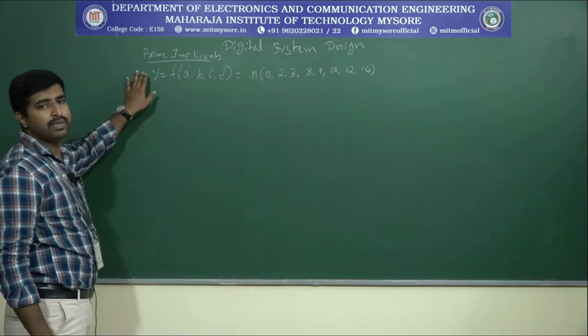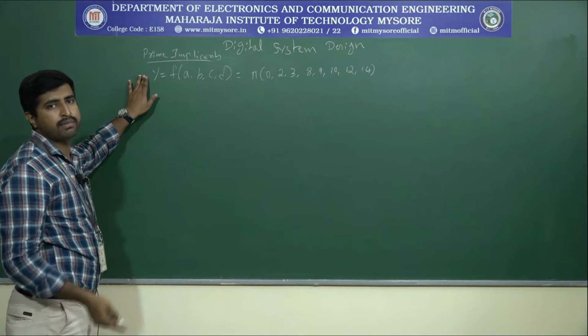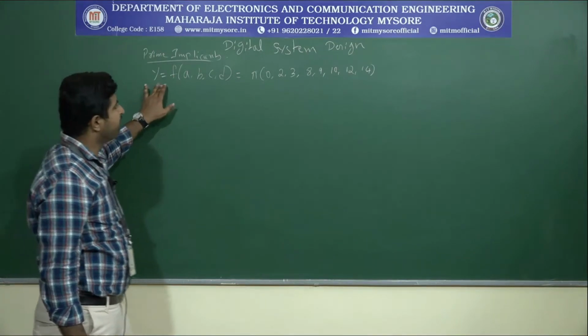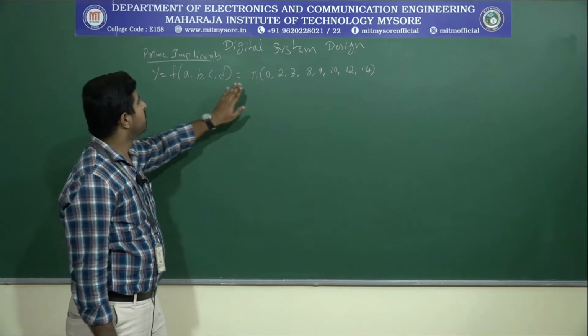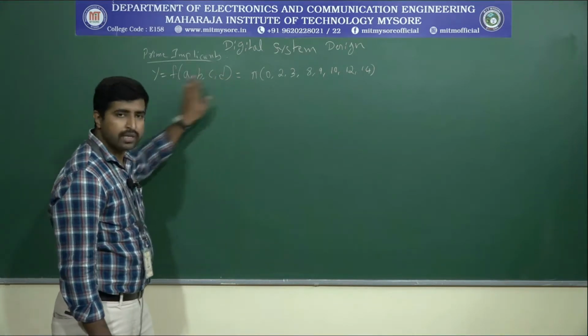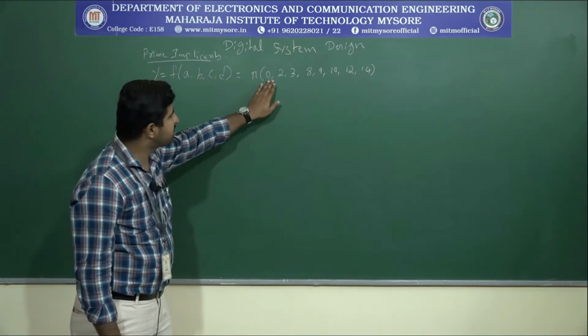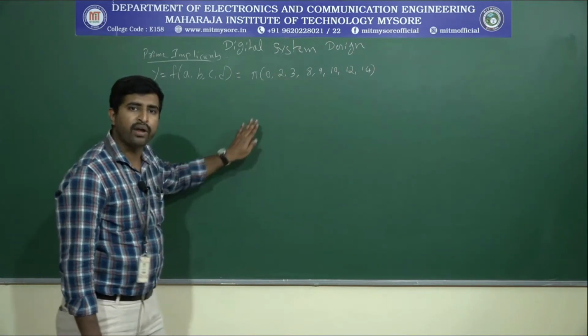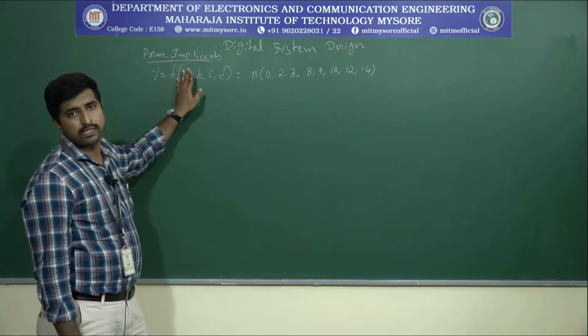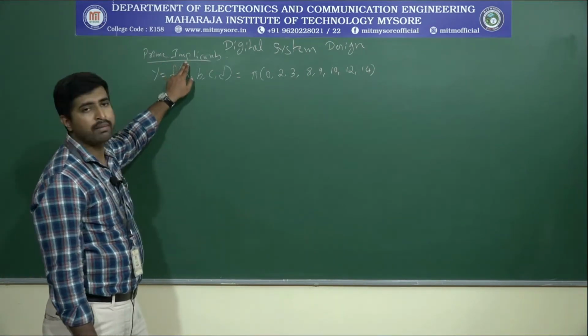The expression is given in max term, that is, Pi notation. That means in a K-map we need to place the logic zeros for the corresponding cells, but when grouping, we need to group the logic ones, because we need prime implicants.